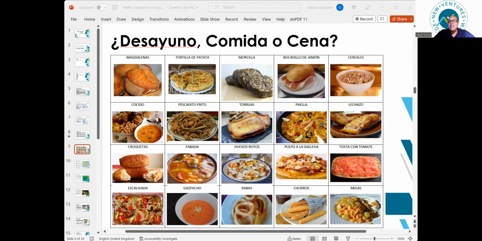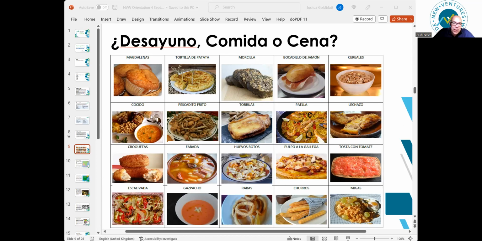It's more likely to be the cena, which is the evening meal, or the merienda, or the almuerzo. Okay, good. What about there? Instead of cereal, they say cereales. What do you think? Desayuno, comida, or cena? Anybody? Desayuno, of course. Yeah, good.